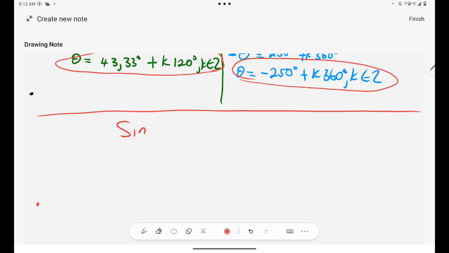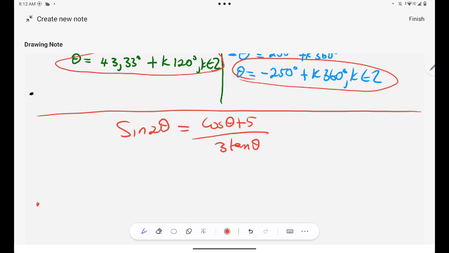I have sine 2 theta is equal to the cos of theta plus 5 all over 3 tan theta. You can all see that, guys. We have a restriction.